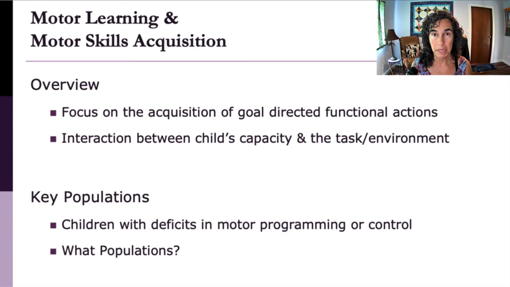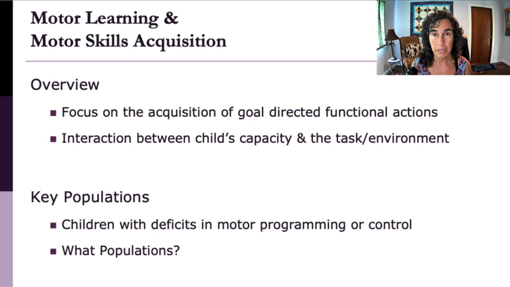So is there a ramp? How steep is that ramp? How is their wheelchair, right? So motor skills and motor learning talks about the person within their environment and the task. Key population are children with deficits in motor programming or motor control.